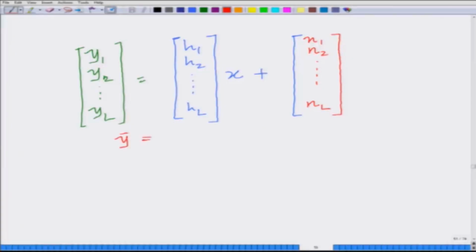So, I have y bar equals H bar x plus N bar.